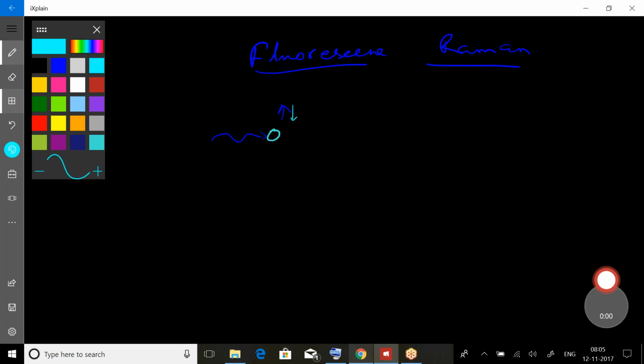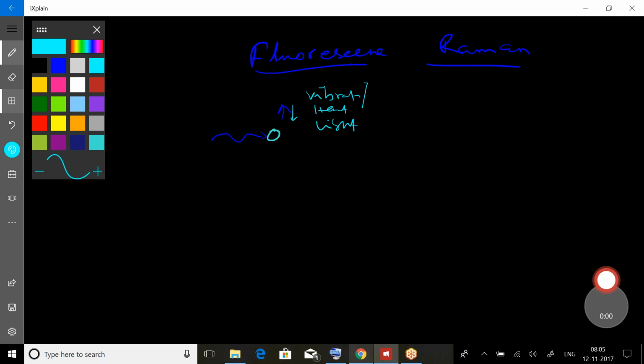The loss in energy could be in the form of vibration, heat, or non-radiation, and also they emit light. So there is the loss of energy and the emission of energy.